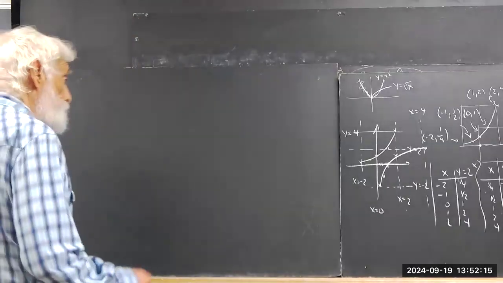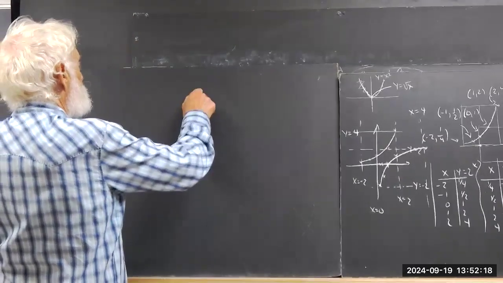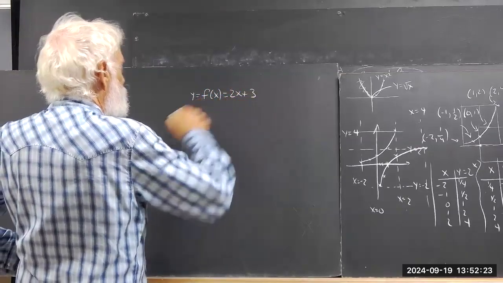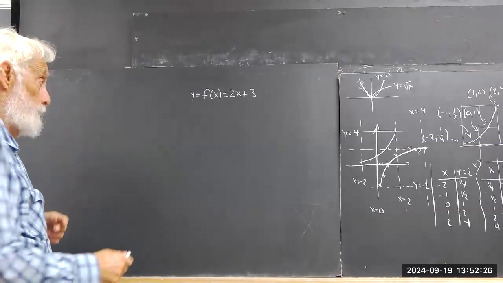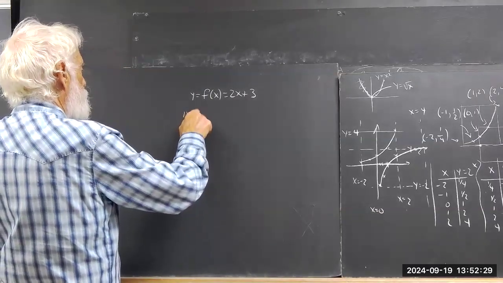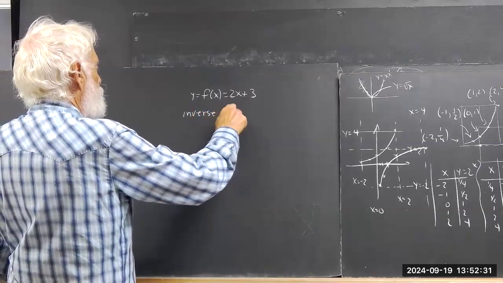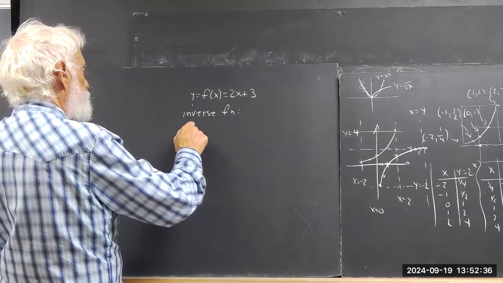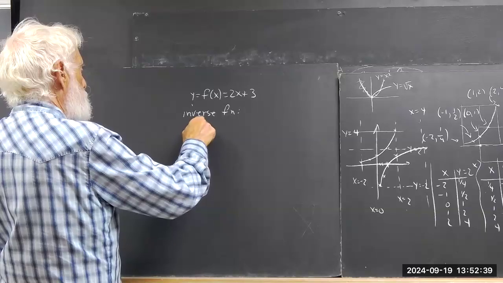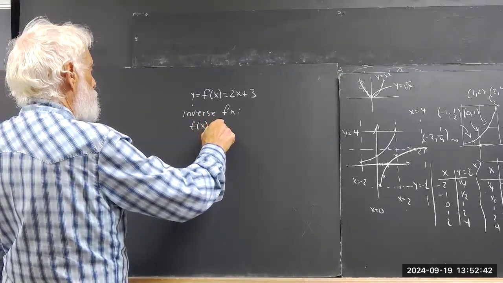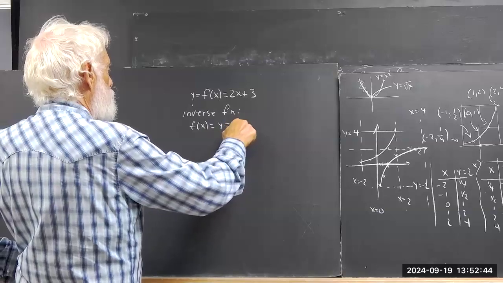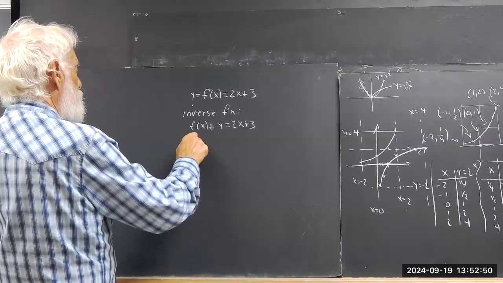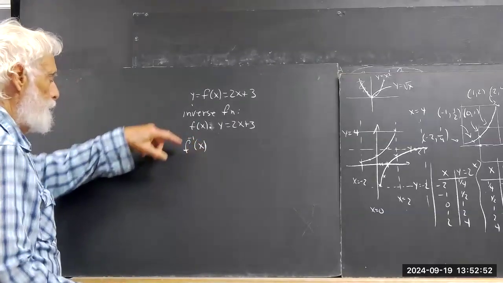So what you have to do, let's say that y equals f of x equals 2x plus 3. We want the inverse function. We've got y equals 2x plus 3. The inverse function we write this way, f to the -1.